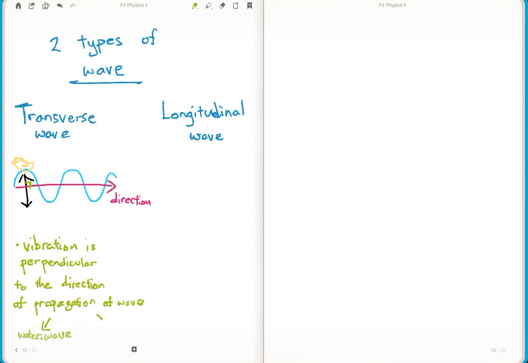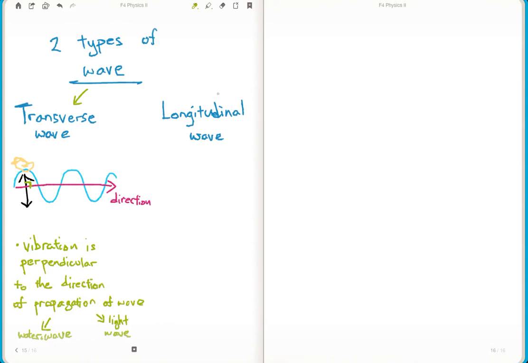Another one that you can't see, but actually you face every day, is the light wave, or the electromagnetic spectrum wave, EM wave, radio wave. They are all considered transverse waves that travel in vacuum from the sun to earth. Radio, X-ray, they are all transverse waves.